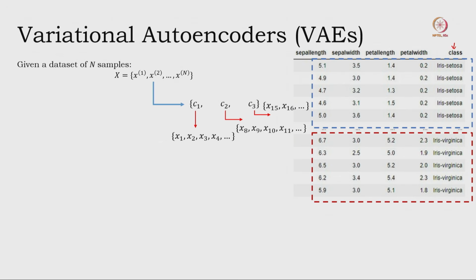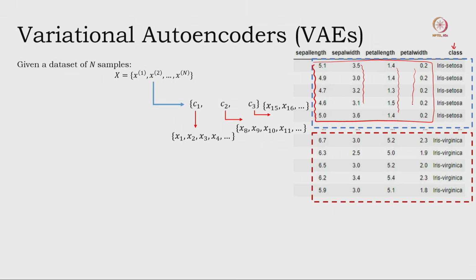Now, looking at what we have discussed so far, there are some points which belong to one class. When you look at all of these points, the values of all these samples are similar, the values of all these samples are similar, and here too the values are similar.